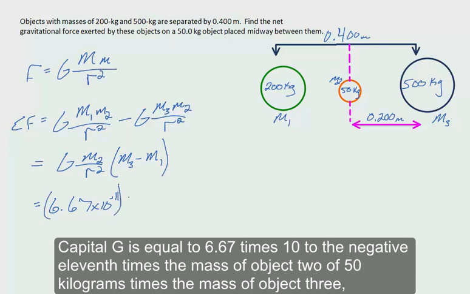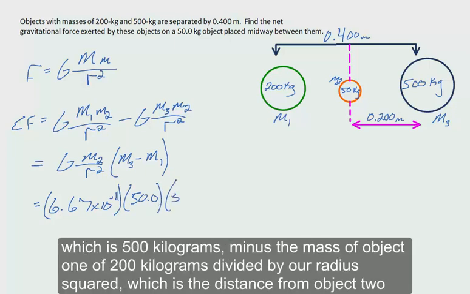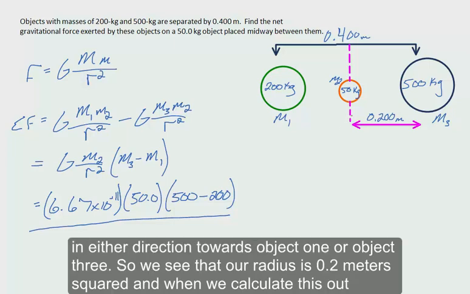times the mass of object 2 of 50 kilograms times the mass of object 3, which is 500 kilograms, minus the mass of object 1 of 200 kilograms, divided by our radius squared, which is the distance from object 2 in either direction towards object 1 or object 3.